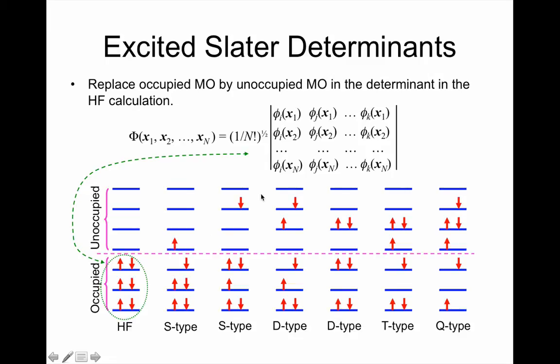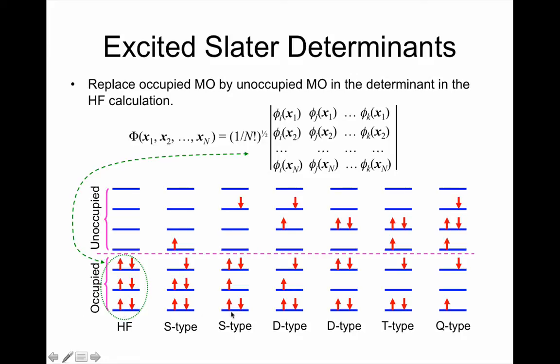This means that in the expression here for the Slater determinant, what we do is that we shift this one orbital here with this one orbital here, and then we have a new Slater determinant. This kind of Slater determinant is called an S-type Slater determinant, meaning that it is singly excited with respect to the Hartree-Fock case, that is, we move one electron.